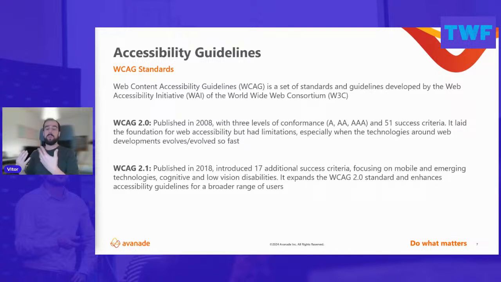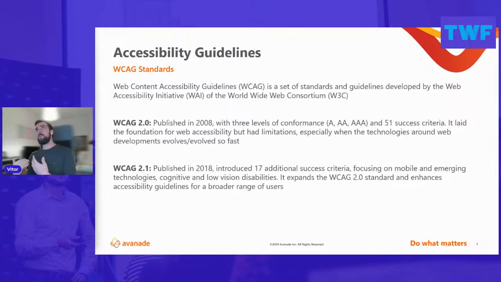But as you know, the web is evolving. Many new things came to fruition since 2008, and it was necessary to raise the standards, and it went to 2.1. 2.1 is the one that we are currently following, and we should be following, published in 2018.